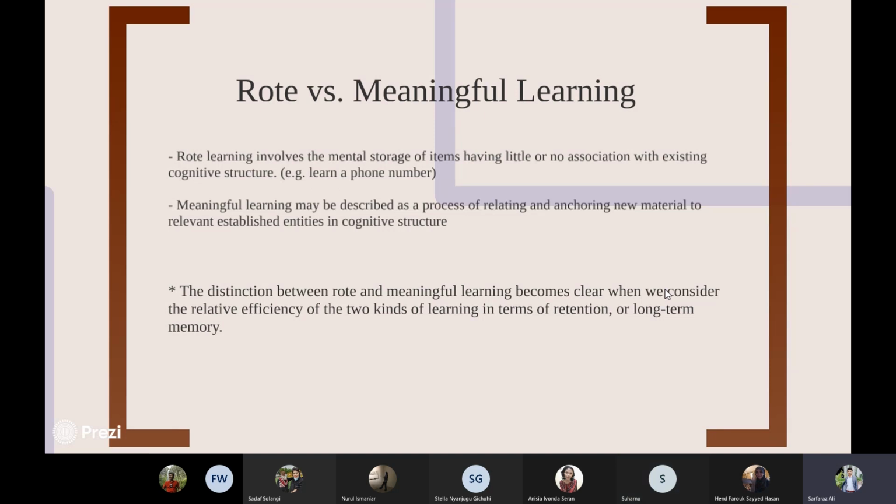The key distinctions between rote and meaningful learning become clear when we consider the relative efficiency of the two kinds of learning in terms of retention, or long-term memory. We remember some things and suddenly forget others. So these are the distinctions between rote learning and meaningful learning.